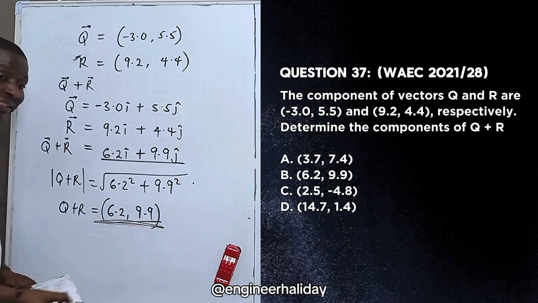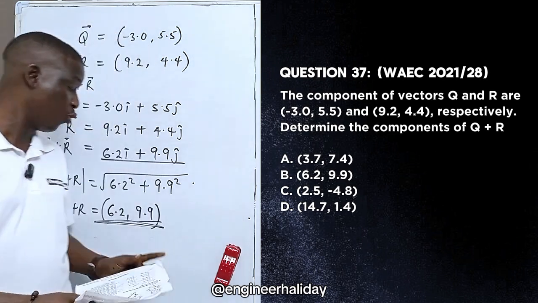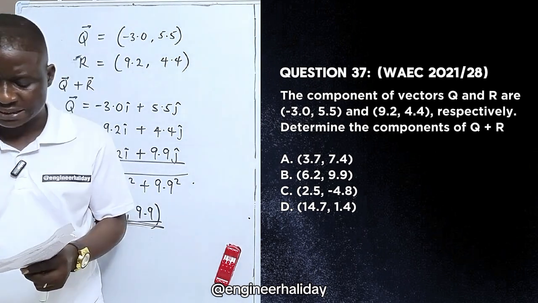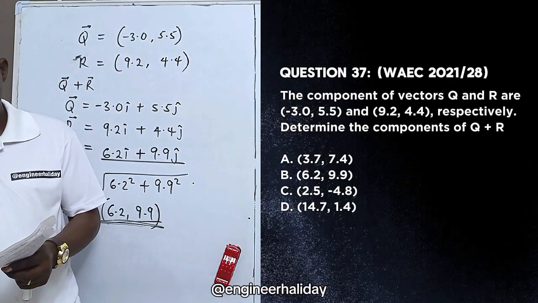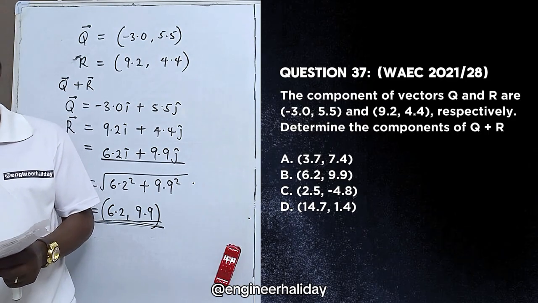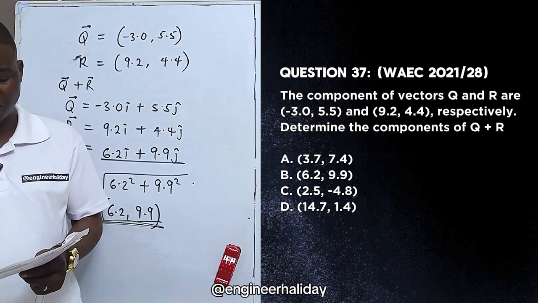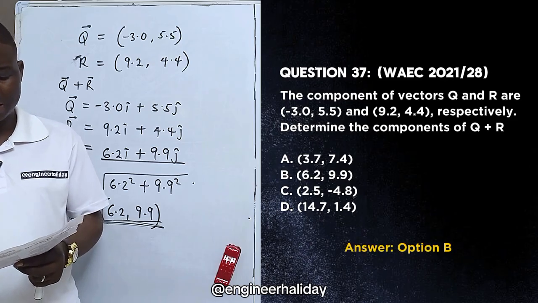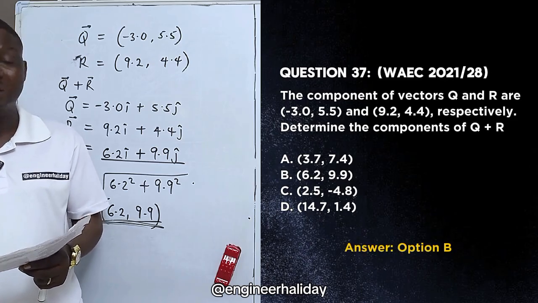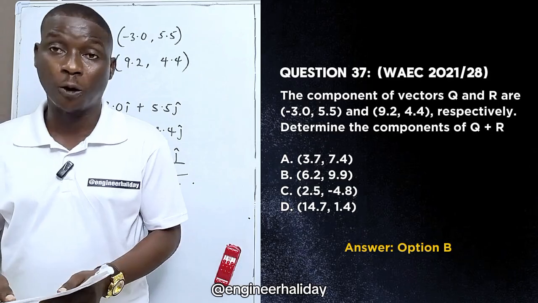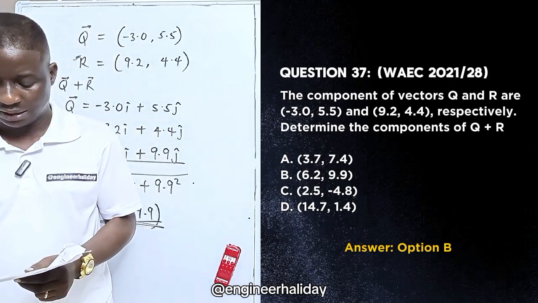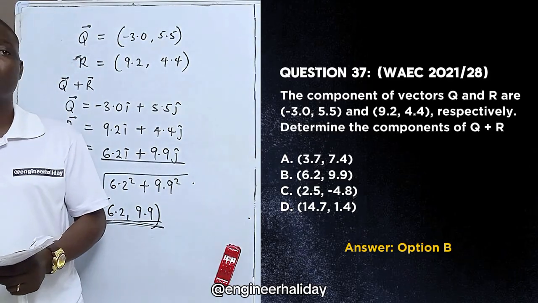So this is how they present the answer in the options. So we go for this. So option A says what? 3.7, 7.4. B says 6.2, 9.9. Correct answer. C says what? No need to read the others. So the answer to that question is option B. That question is 2021 question 28.